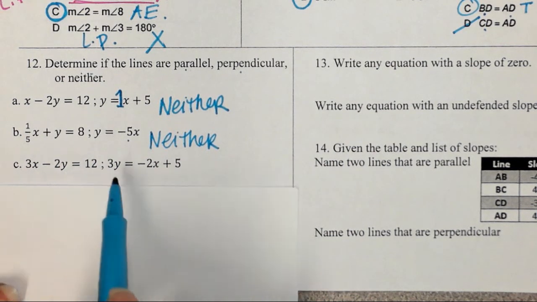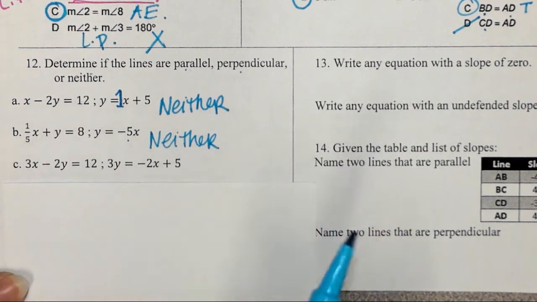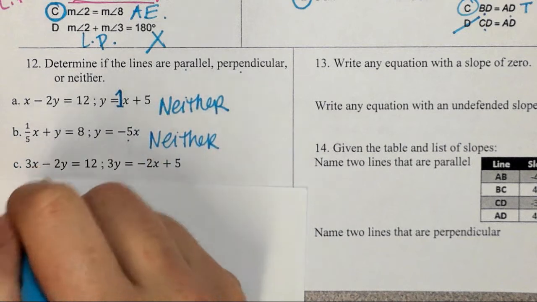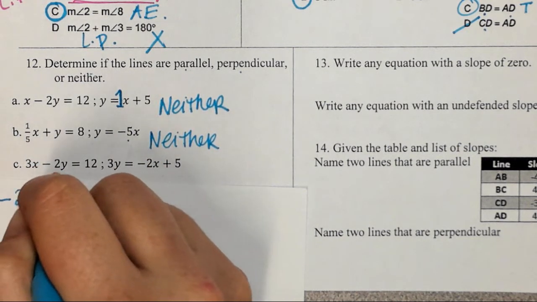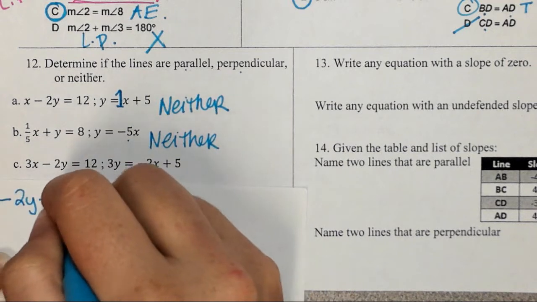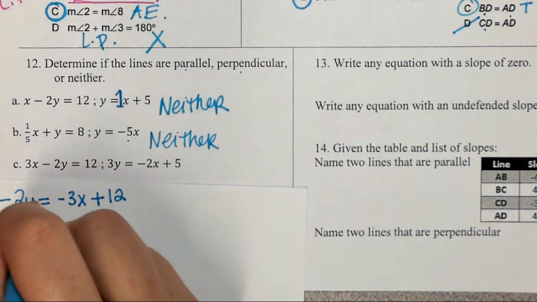Ooh, so it looks like these are both in standard form this time around, so we need to convert both into y-intercept form. All right, so I'm going to subtract 3x from both sides. If you do that, you get negative 2y is equal to negative 3x plus 12.